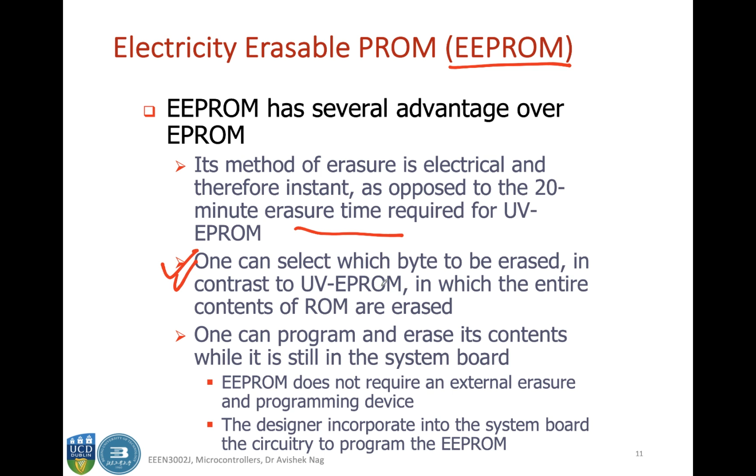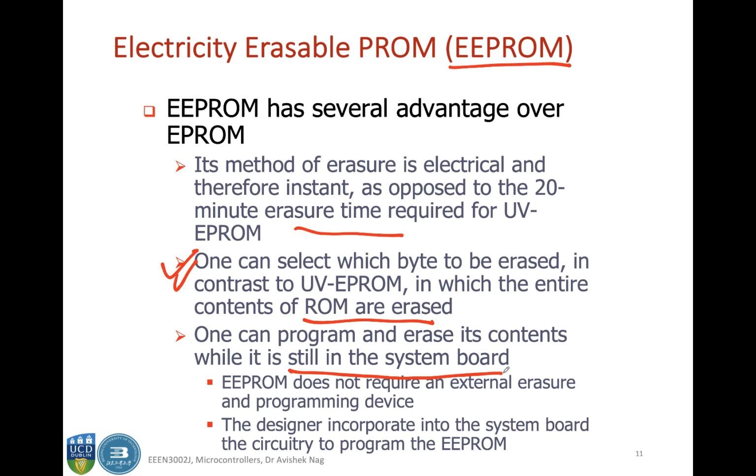In case of your EPROM, the entire contents of the ROM are erased when you expose it to UV light. But in case of this EEPROM, you can choose which byte to be erased, and one can program and erase its contents while it is still on the system board.